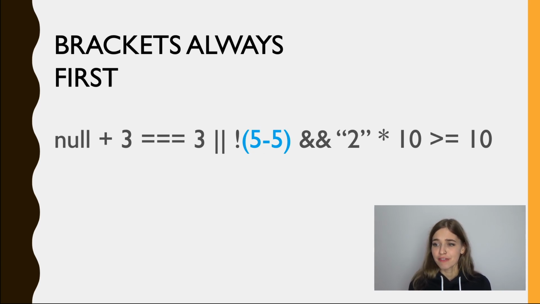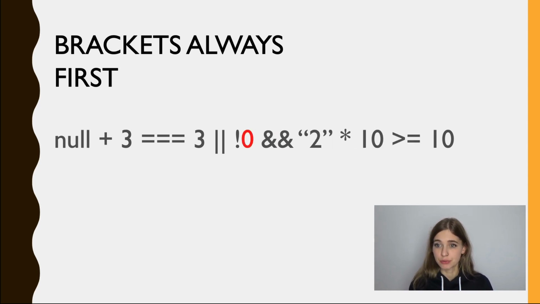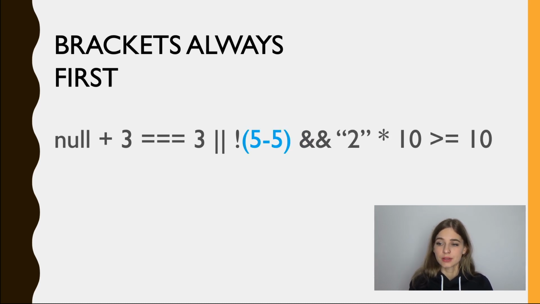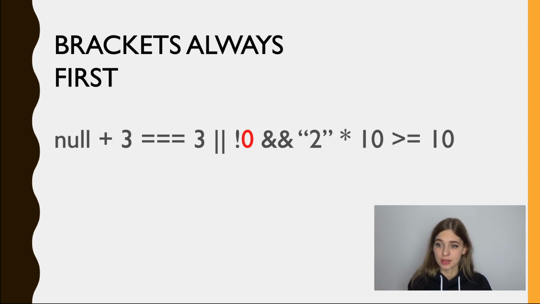We have 5 minus 5 because it's in brackets, and this would give us 0. So we reduced our statement already, and now we have a 0. So what's next?